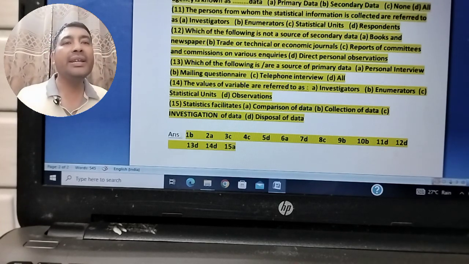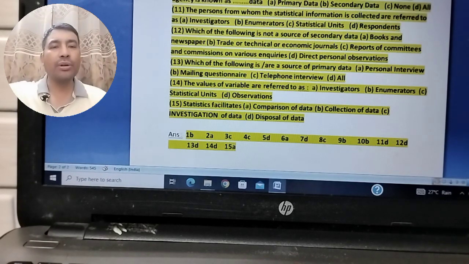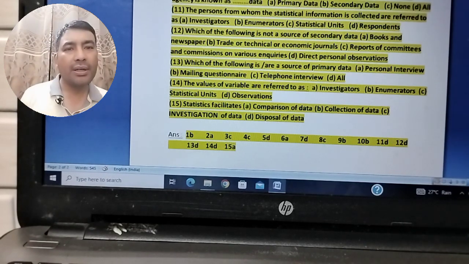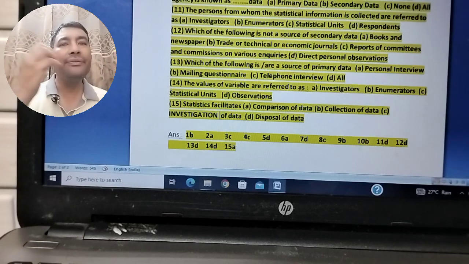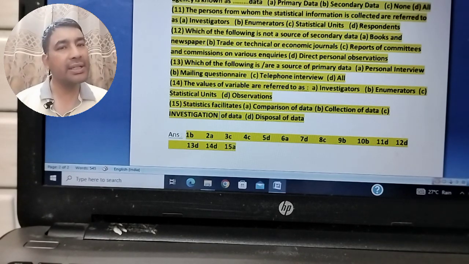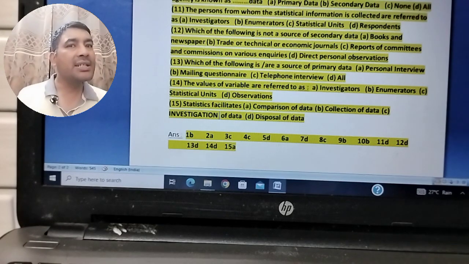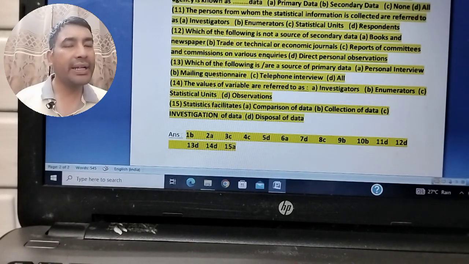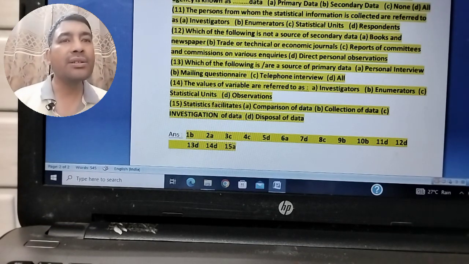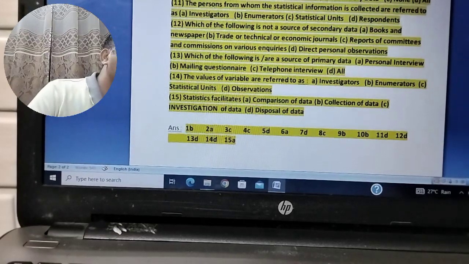Why do we collect data? Simply for comparison, like comparing last year's profit with this year's profit. So statistics mainly facilitates comparison of data. Collection of data is also one stage of collecting information, but the purpose of statistical inquiry is the comparison of data. And I have also given you the answers for all the questions.